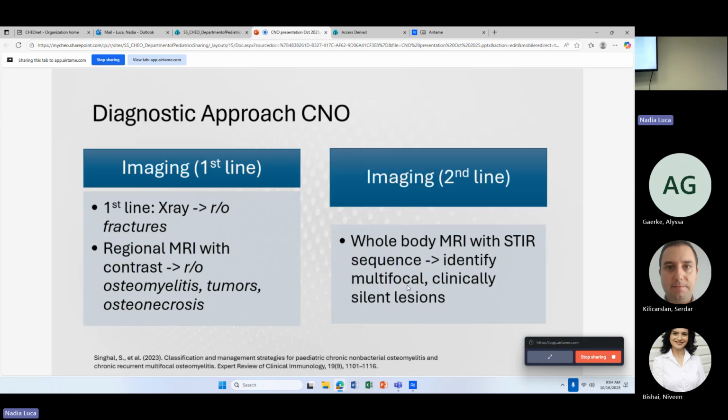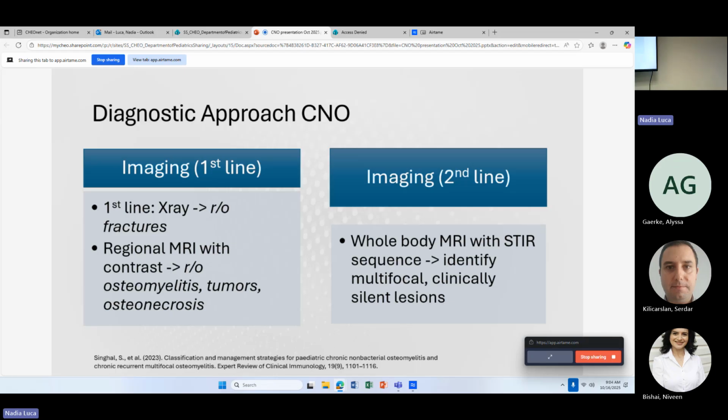Okay, so once you've done that, of course, you're going to do imaging. You're going to do x-rays in the chance that you do find something helpful, but you also want to rule out obvious stuff or other bony abnormalities. And then typically we would start with a regional MRI if it's a very specific location that tends to be problematic, to get a feel for what's there, and also rule out the other differentials, infection and malignancy.